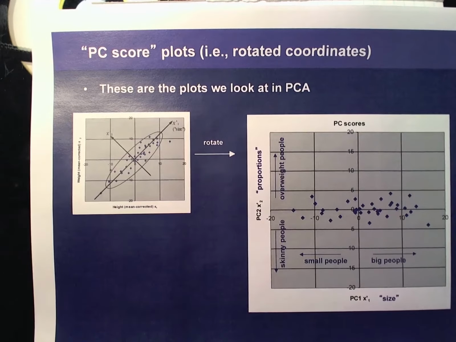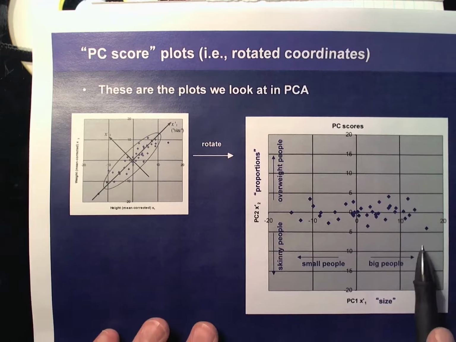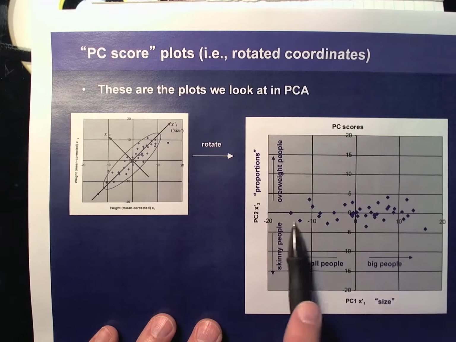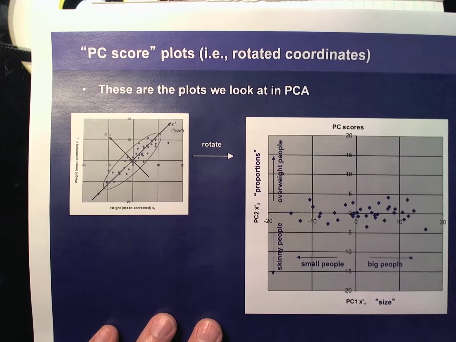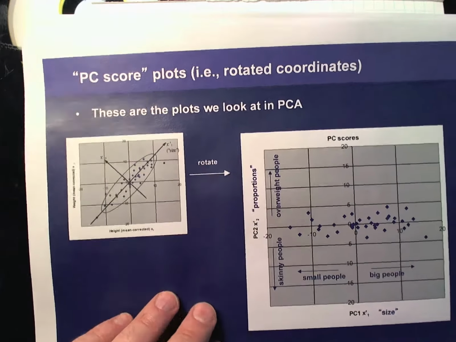But if we simply want to capture the main features of a person, we can do it very effectively by just saying this first size axis, because really most of the variation is happening here, and the up-down is a much smaller thing, not as big a deal.